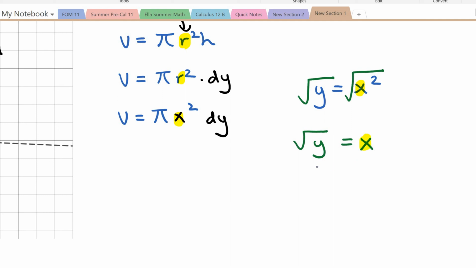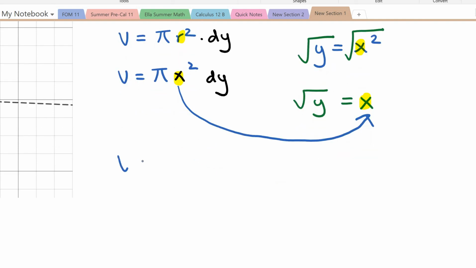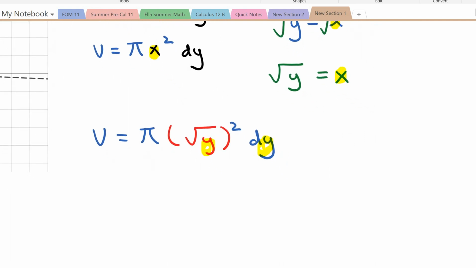And now I can replace this x with that x over there. That's going to be volume equals pi, bracket, the square root of y, close bracket, to the power of 2 times dy. And now that the y's match up, I know that my integral expression is going to be correct.